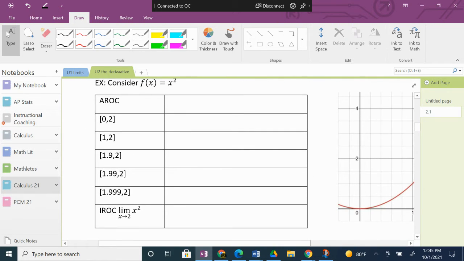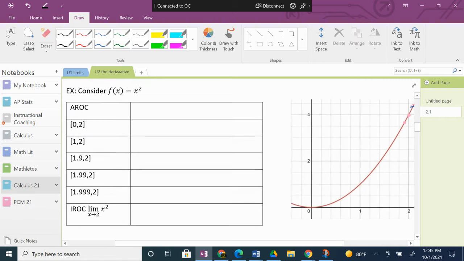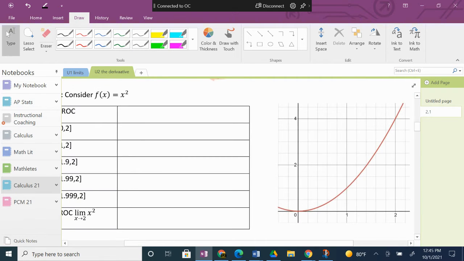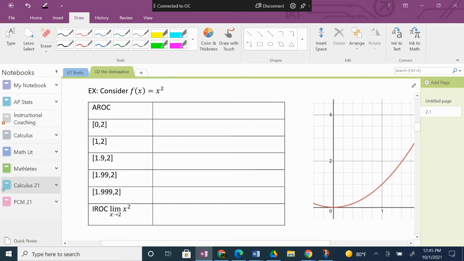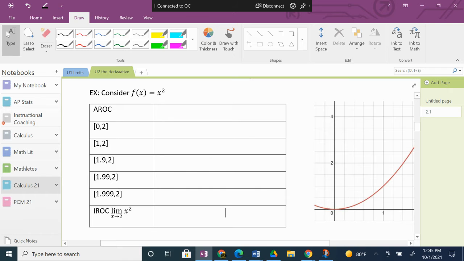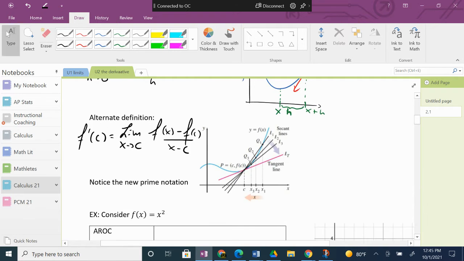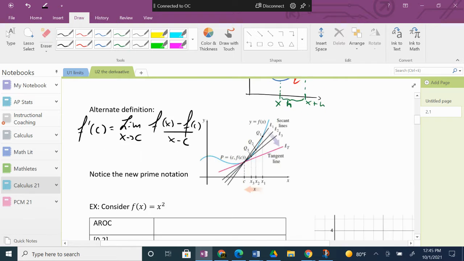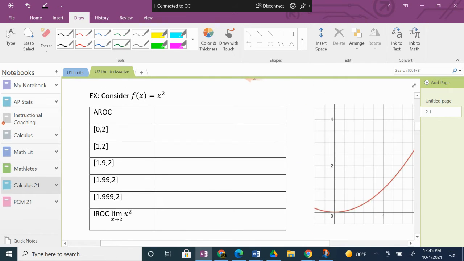So consider this graph right here. All it is is the graph of x squared. If I extended it, it would look like that parabola right there. So consider average rate of change on the interval 0 to 2. Average rate of change, f of x minus f of c, so whatever, this could be x, 0 to c.